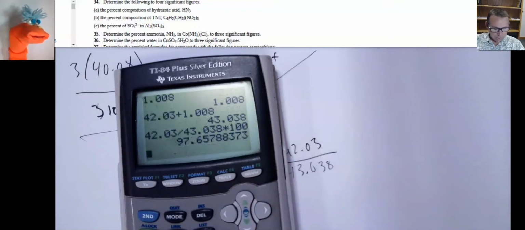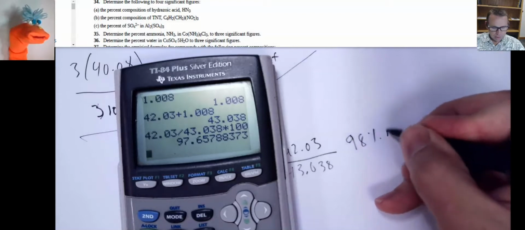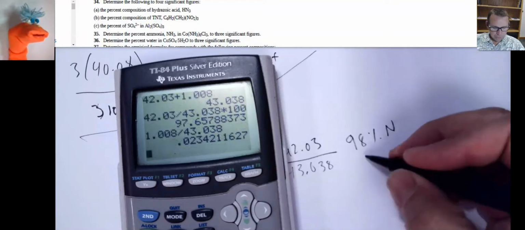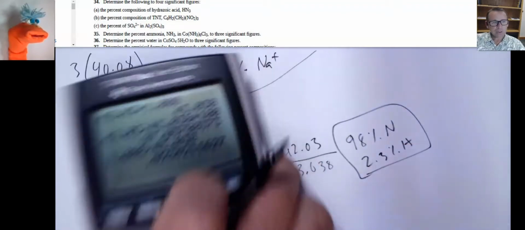That gives us our mass percent. So it's about 98% nitrogen. Then the hydrogen, 1.008 divided by the 43.038. So it's 2.3% hydrogen. Okay.